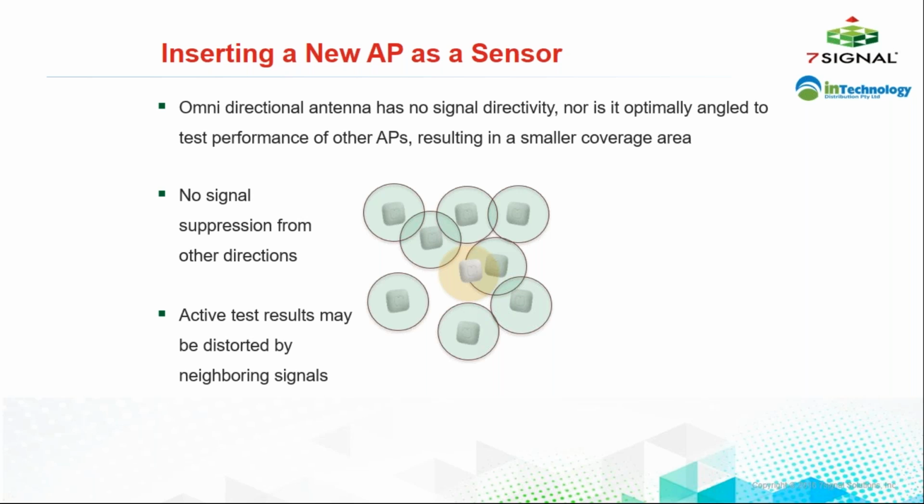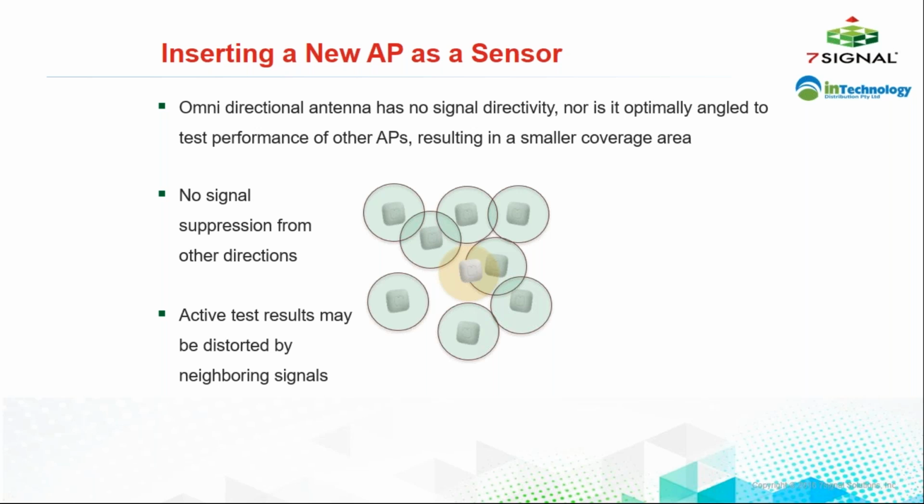The issue that we run into is that, because it's not purpose-built for Wi-Fi performance, the omnidirectional antenna inside is not optimal for connecting to other access points, and is not optimal for testing the performance or the capabilities of the other APs and what they're doing.